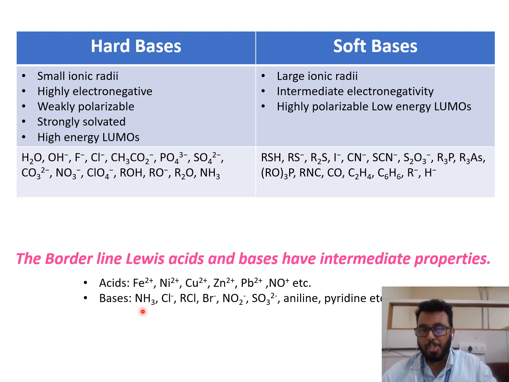Similarly, the bases: neutral ones like NH3, chloride, RCl, Br minus. Here we didn't put Br, so Br minus is a borderline. It has intermediate properties. And also nitro and sulfide, aniline, pyridine, etc.